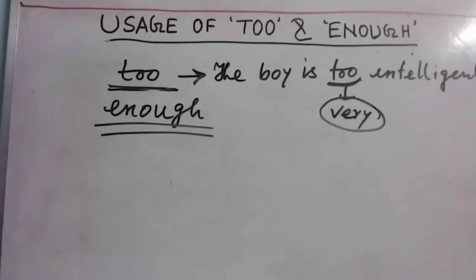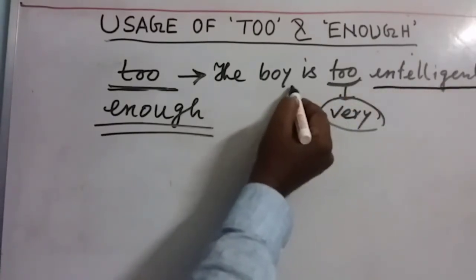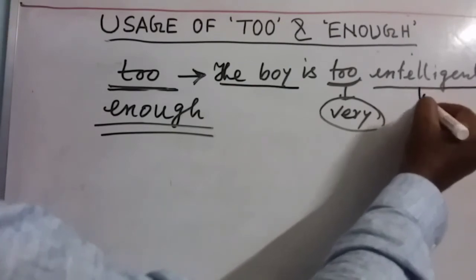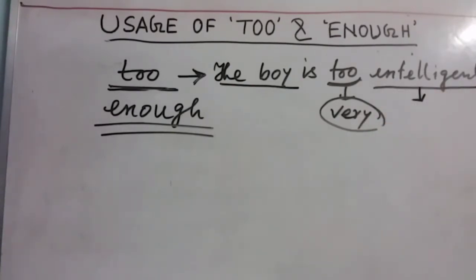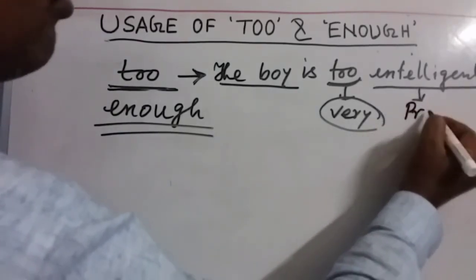But here in this sentence, the boy is intelligent. Intelligent is obviously a good quality of a person, and here we are praising the boy.